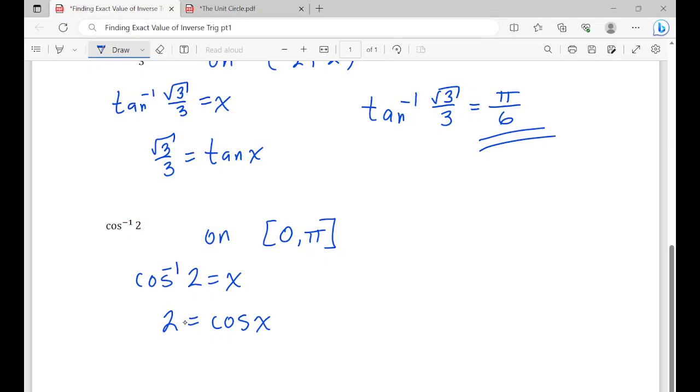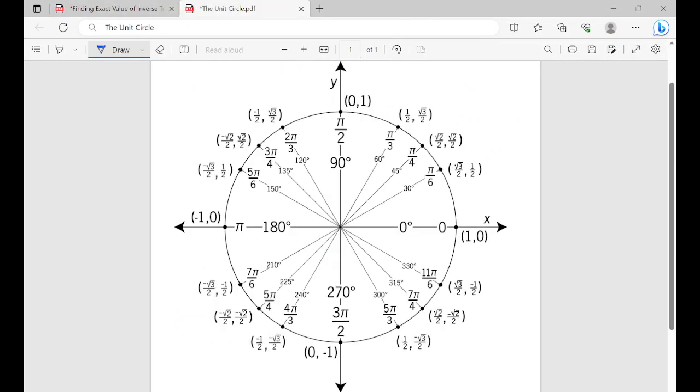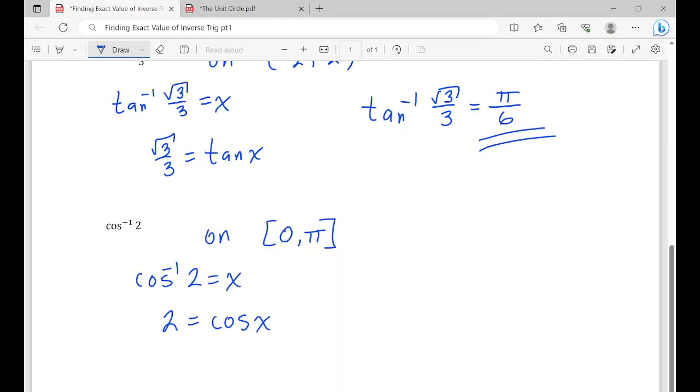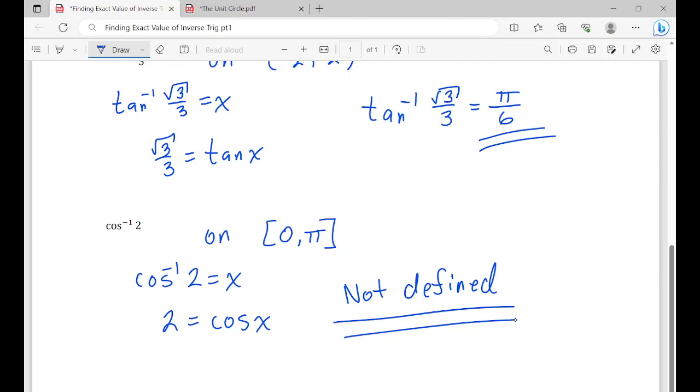And where is cosine x equal to 2 on the unit circle? If you look on here, nowhere. Even though we're restricted to the first two quadrants, nowhere is it equal to 2. So this is not defined. There is no solution for this one.